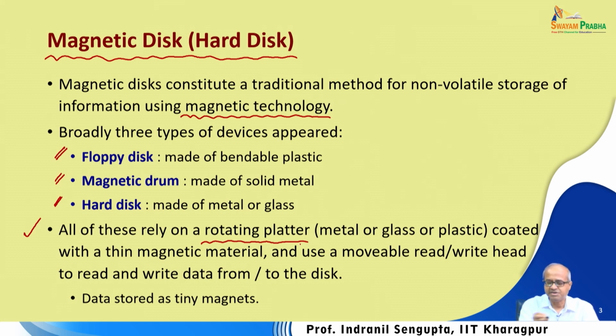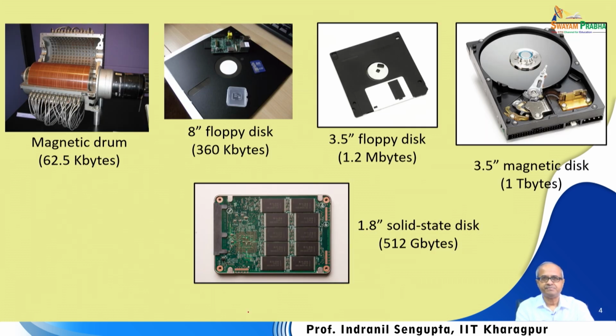So, basically there is a rotating platter and there is a movable read write head. The read write head can move over the surface of the disk, and as I had said, data are stored on these surfaces as tiny magnets. Okay. This is how data gets stored in magnetic disks.